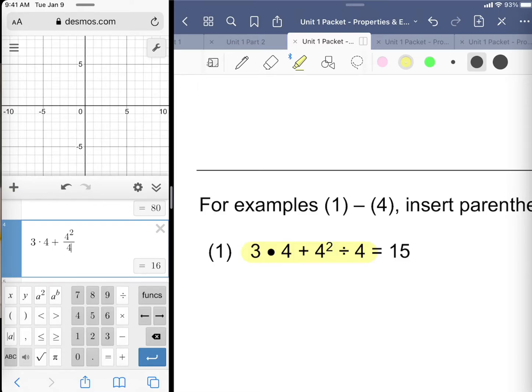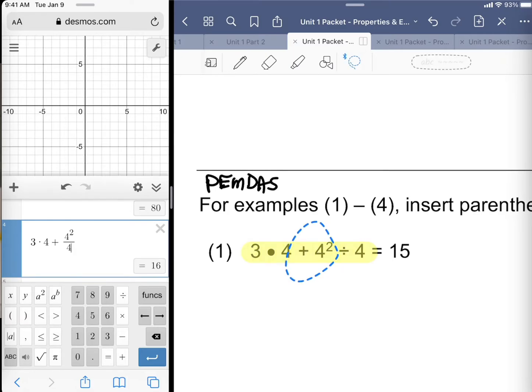So I'd want to be thinking, if I'm going to put parentheses in it, remember, order of operations. We got to be thinking about what the first operation would be under the current circumstances. Based on what you see here, the first operation would be 3 times 4.